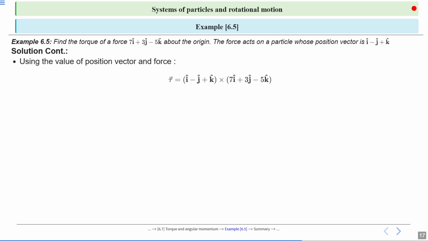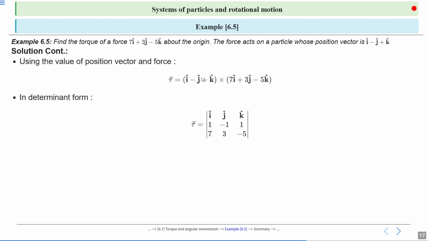Now we will take the cross product. Here are two vectors: first the position vector, second the force. In determinant form, first we take the position vector: i cap, j cap, k cap.